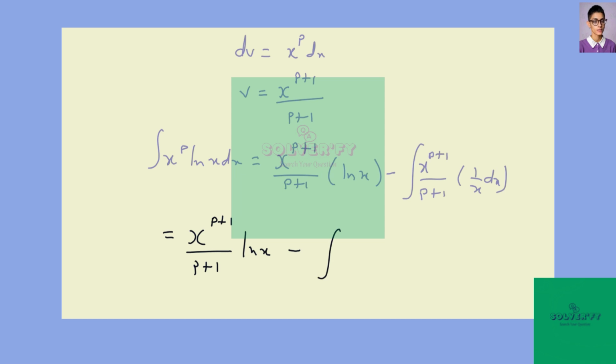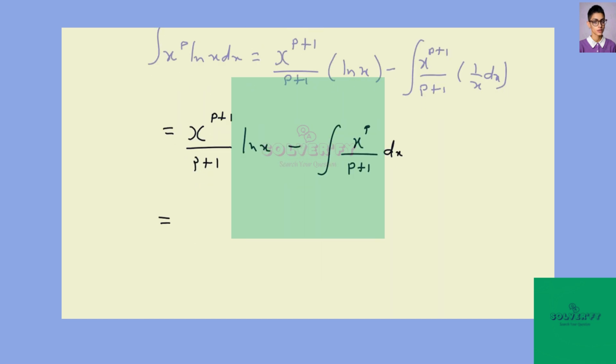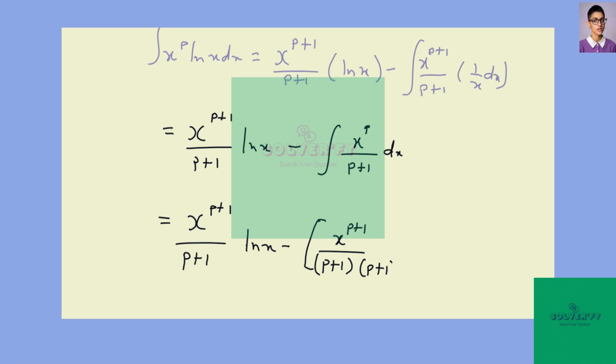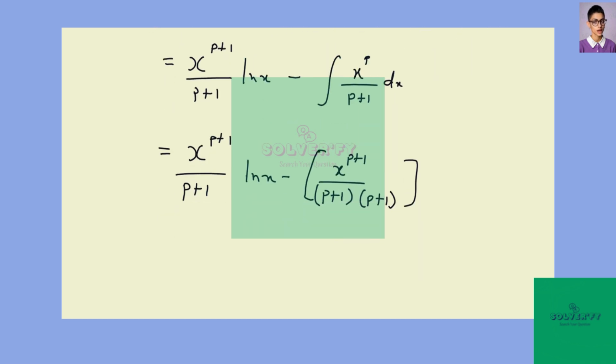So the whole of this becomes the integral of x to the power p on p plus 1, right, dx. And now if we take the integral again, we have x to the power p plus 1 over p plus 1, and this multiplies the existing p plus 1 in the denominator.